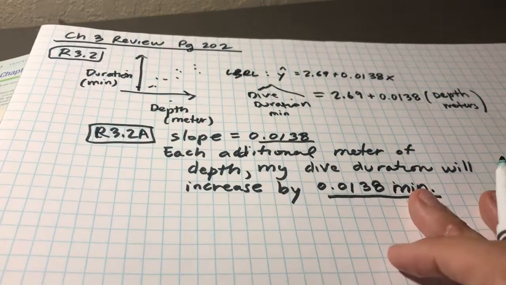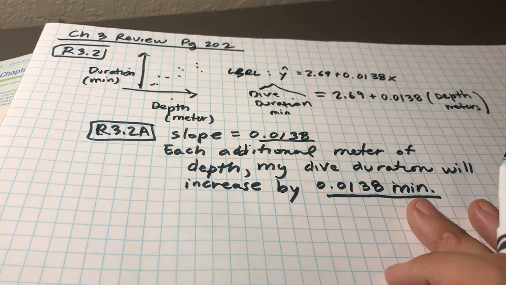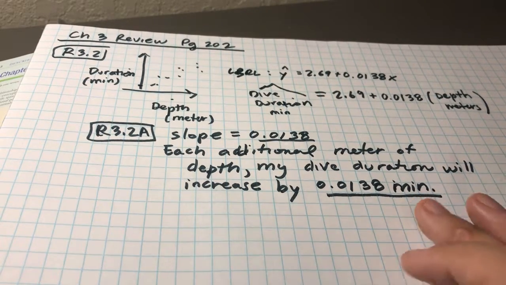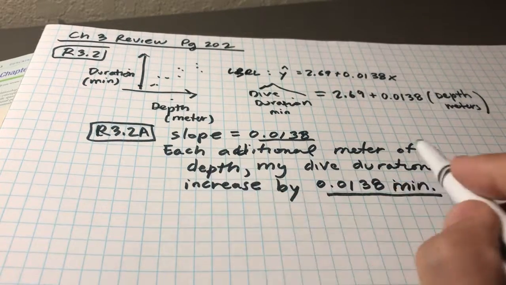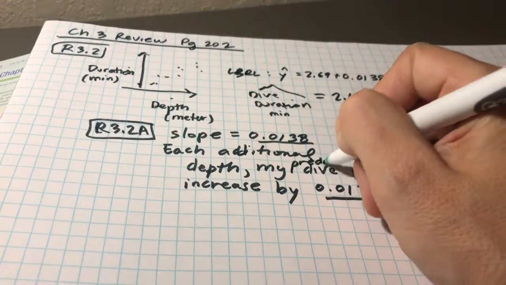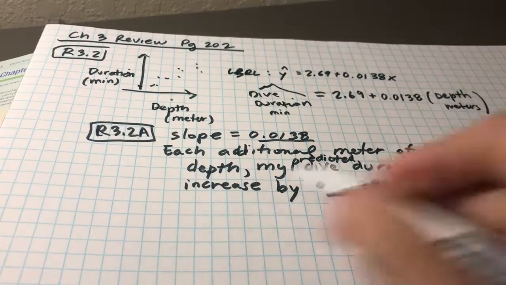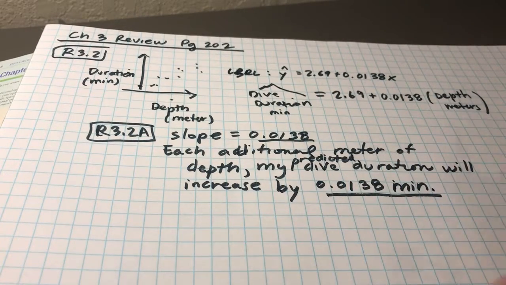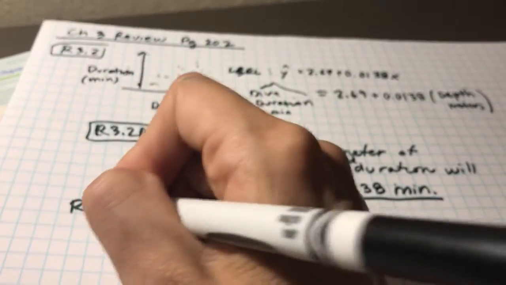I think that's reasonable. I want to add something: for each additional meter of depth, my predicted dive duration will increase by. These are my predicted dive durations. Okay, looking good.